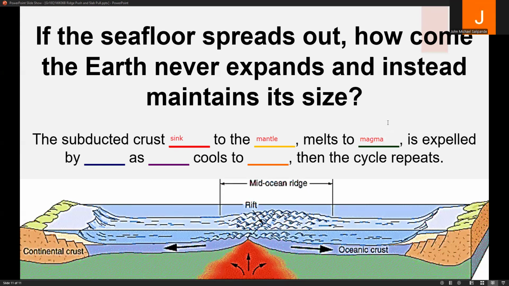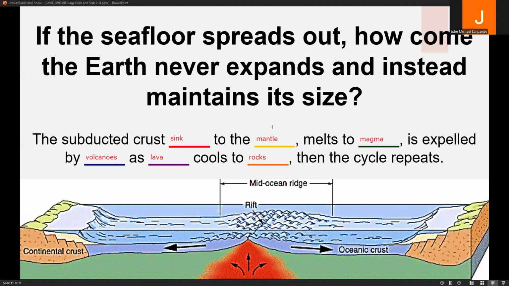Once there's enough buildup of pressure, magma will be expelled by volcanoes. And as you know, once magma is expelled by volcanoes, it's now called lava. And once lava cools down after a certain amount of time, it will become rocks. Then the cycle repeats again.